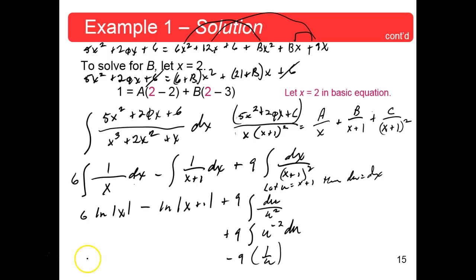So here we have a 6 log absolute value x minus log absolute value x plus 1 minus 9 over u, basically. Oh, but what's u? What's u? All right. x plus 1. Yes, so let's rewrite that as minus 9 over x plus 1.